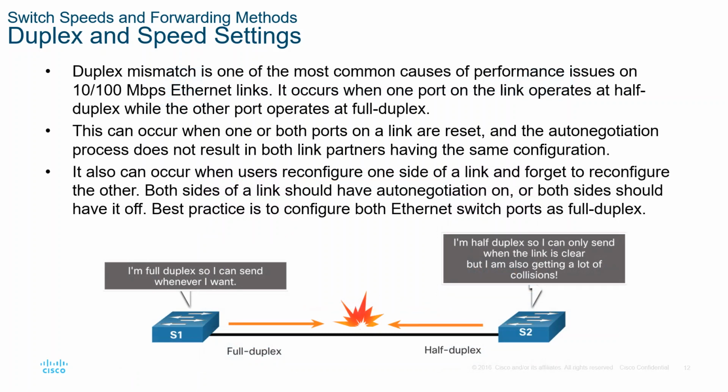Duplex mismatch is one of the most common causes of performance issues on Ethernet links. It occurs when one port on the link operates at half duplex while the other port operates at full duplex.